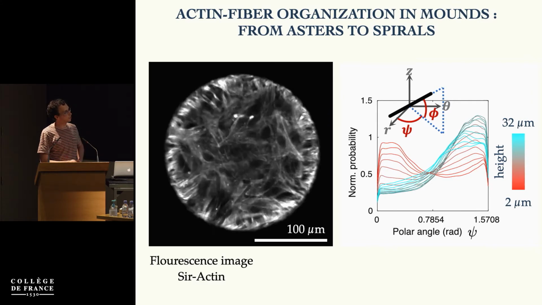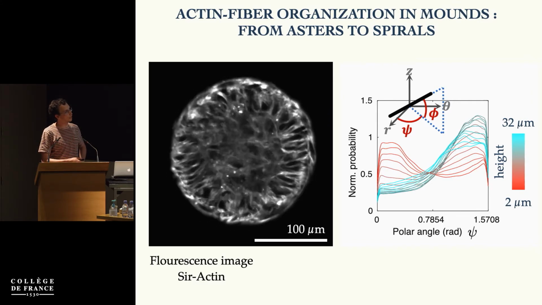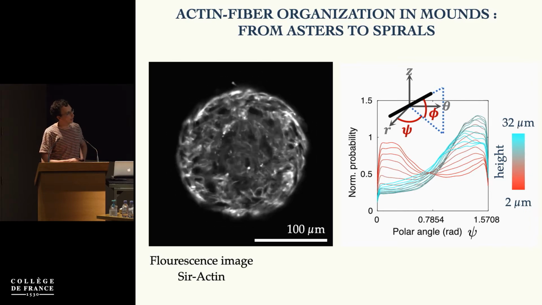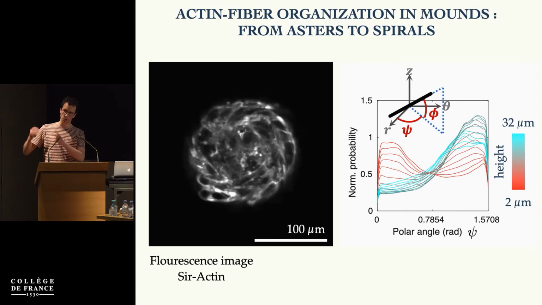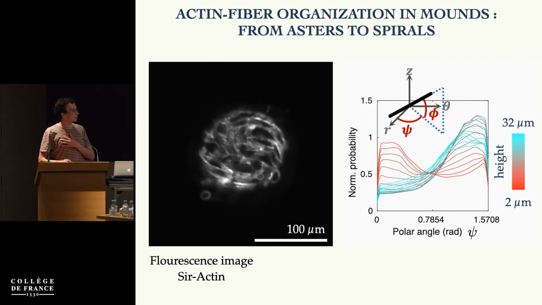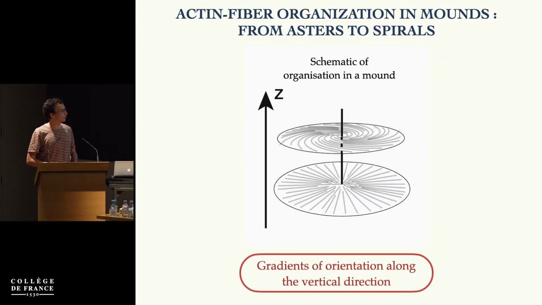You can see that this distribution shows a marked peak at about 0 degrees for low heights. And as the height increases, this peak shifts towards 90 degrees. So what this suggests is that essentially in the mount we have an organization which corresponds to an aster in the bottom and a spiral in the top. So there are gradients of orientation also in the vertical direction.